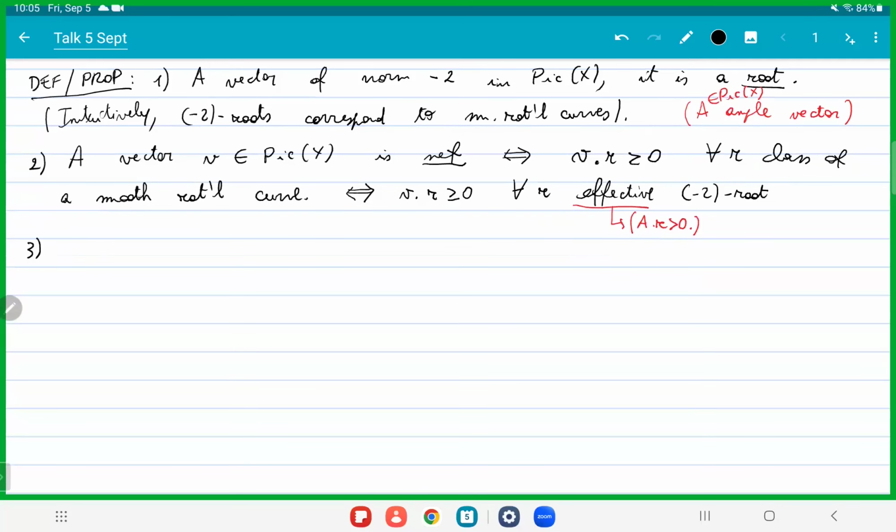And the third property that I would like to mention is that if we have a Nef isotropic, and isotropic simply means that it's of square 0, and primitive vector, primitive simply means that it's not divisible in the Picard group, right? We cannot divide it by an integer. This is called a cusp.